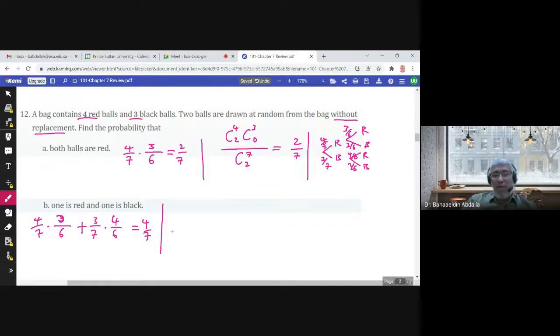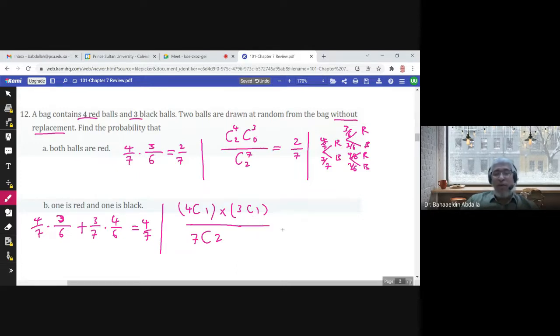Or you can use this one. Okay, what is the case now? You can write C like this or like this. 7C2, that's always the sample space, number of elements in the sample space. And now I have the 4 red balls, I'm selecting one of them, and the 3 black balls, I'm selecting one of them.